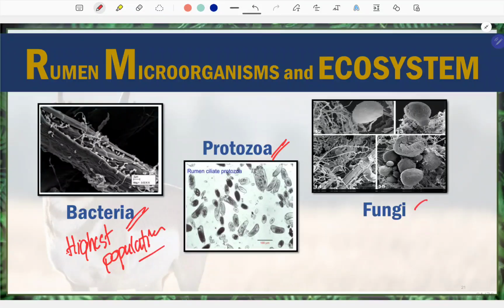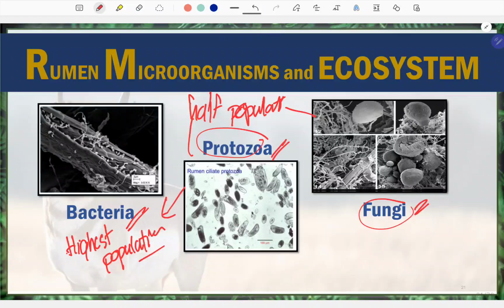Protozoa and fungi have a lower population. Which one is bigger in size? This is the biggest size, and this is small.